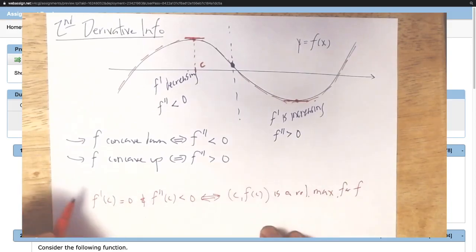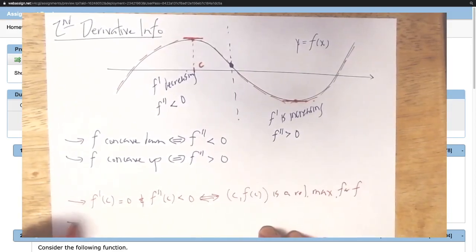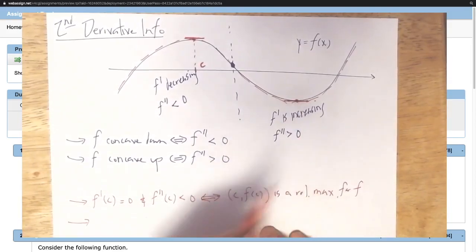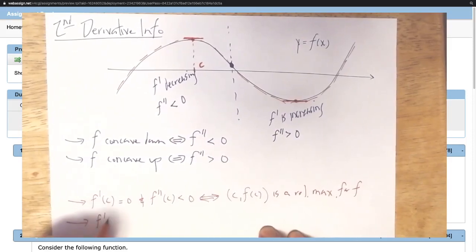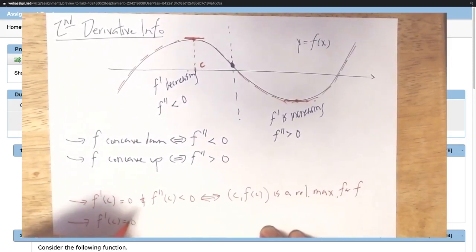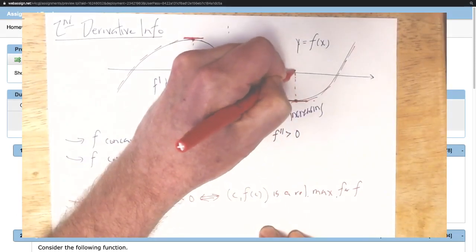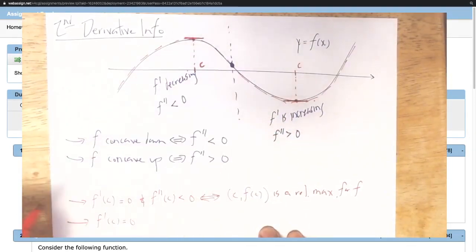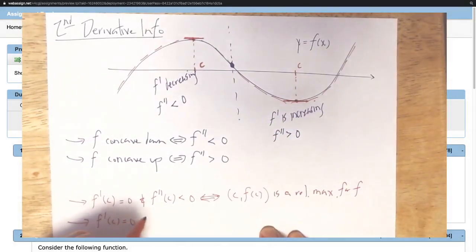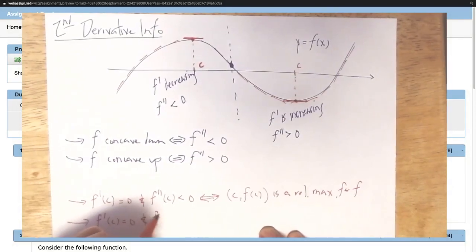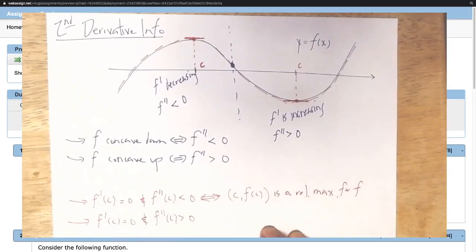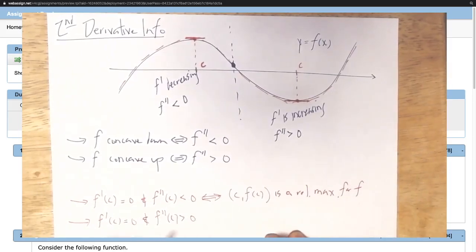And similarly, if you think about the other kind of situation where you've got a flat tangent line, so f prime of C equals 0. So I'm now thinking about this place over here. And I told you that, look, hey, the second derivative at that point is actually bigger than 0. Then what could you make of that? Well, you would know two things.